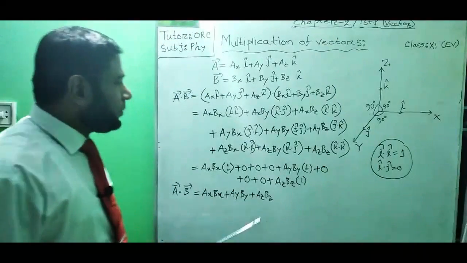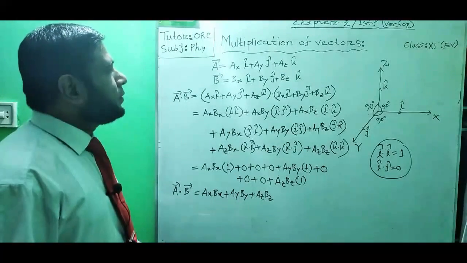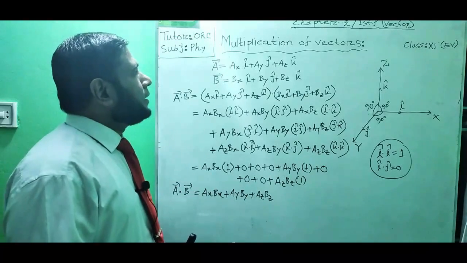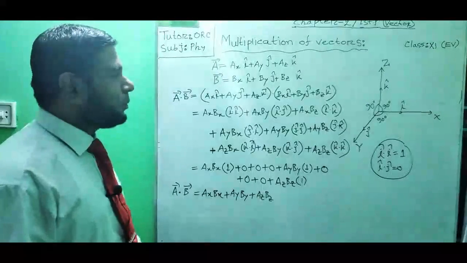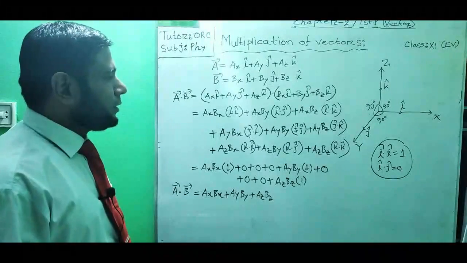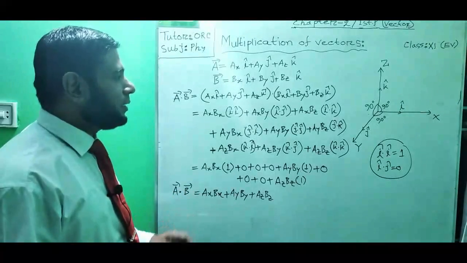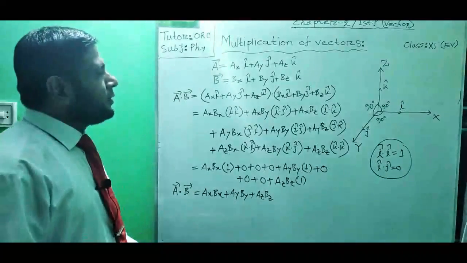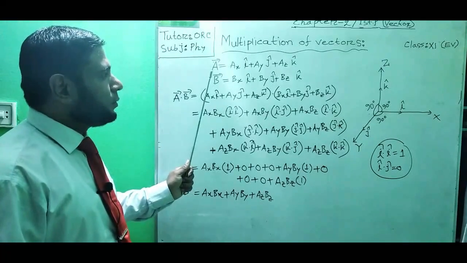So from this information we can see that when we multiply two three-dimensional vectors according to the dot product, especially for the weaker students, that's an important technique. I am going to say it is an important technique: how will you remember which will be the resultant when we multiply two three-dimensional vectors according to the dot product.